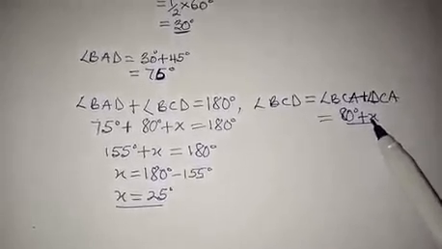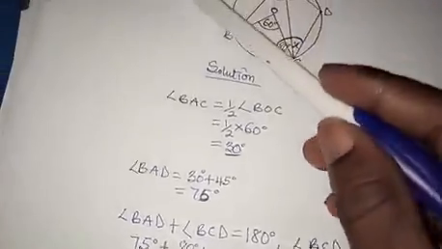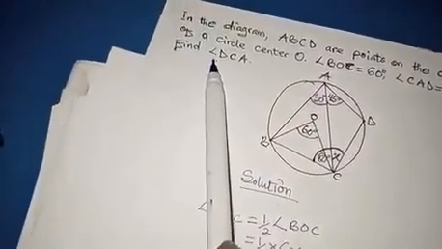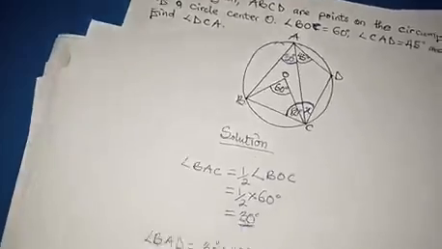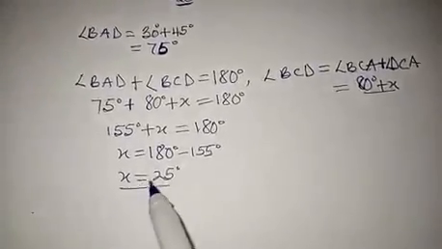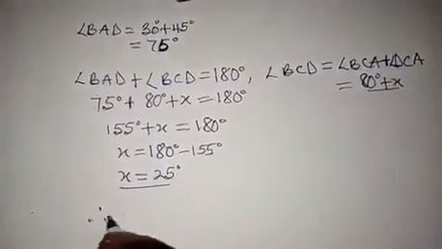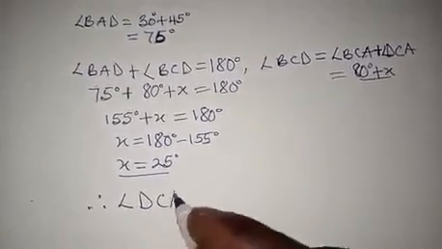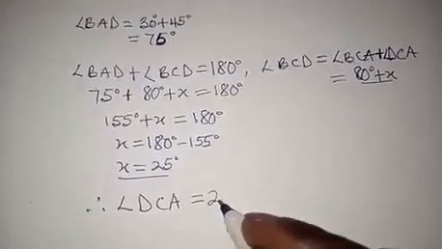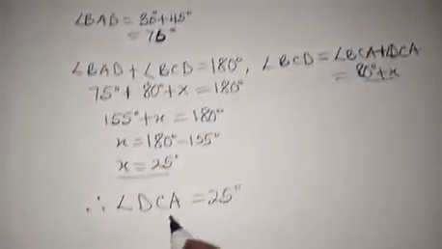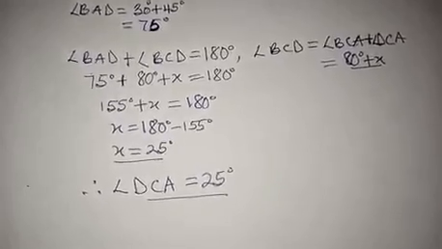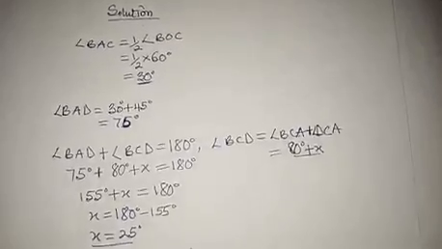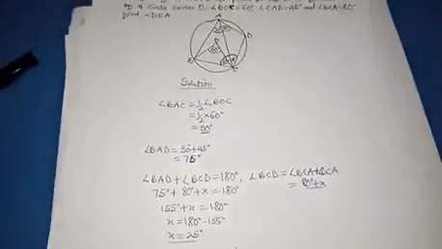That is what the X is. And in the question, we were asked to find angle DCA, which is the same as the X value. So we can conclude that angle DCA is equal to 25 degrees. So very simple, right? That is how we can go about this question. Okay, thank you.